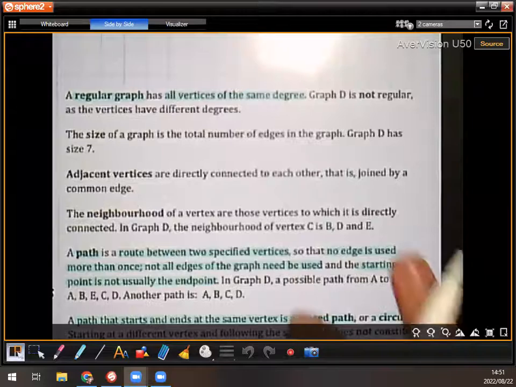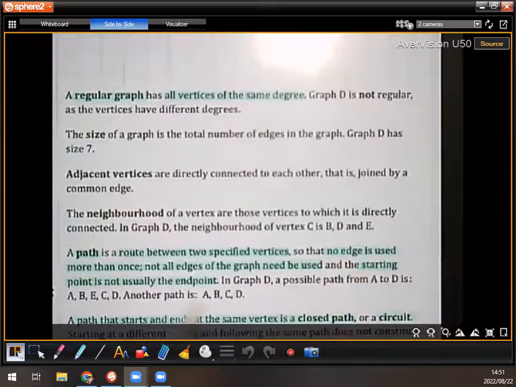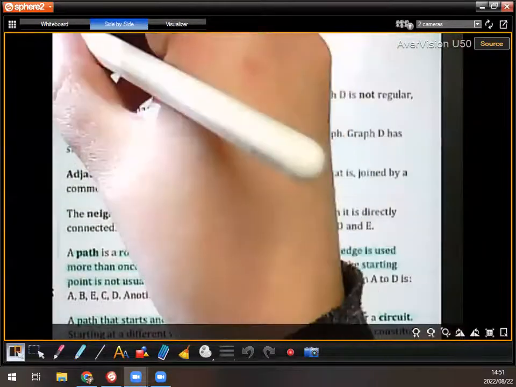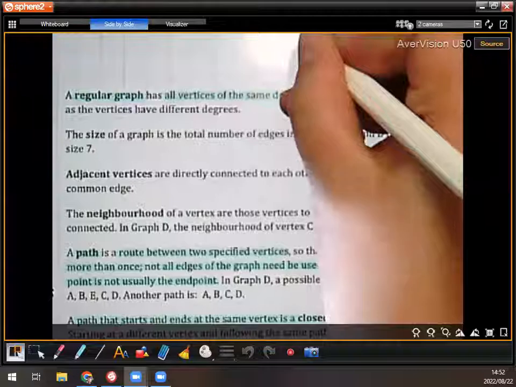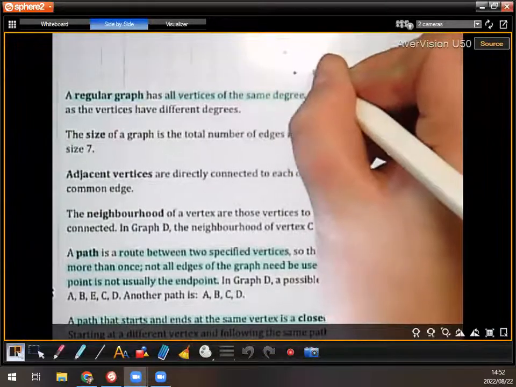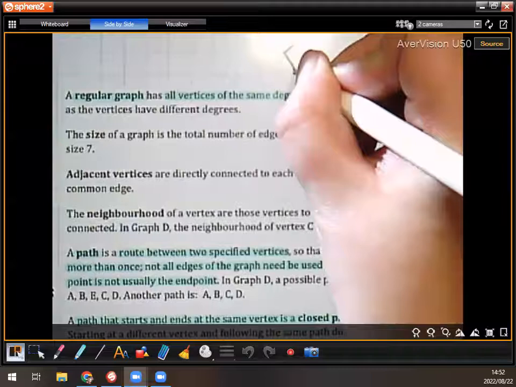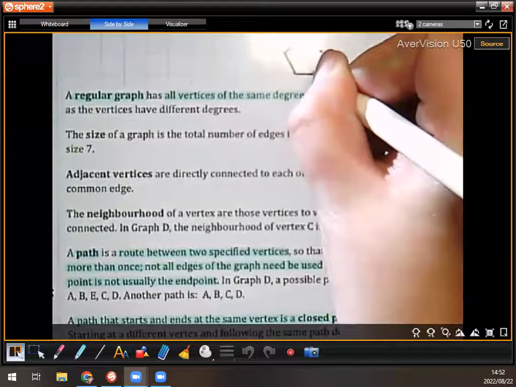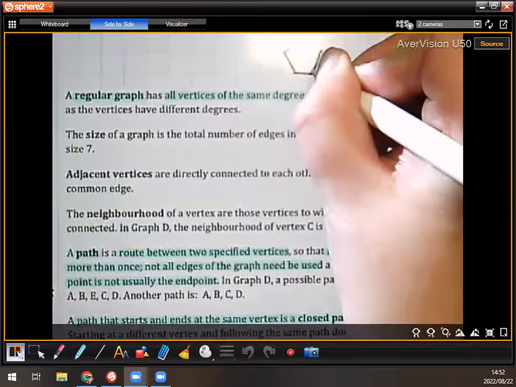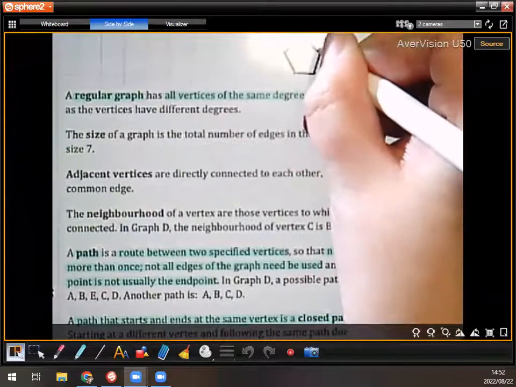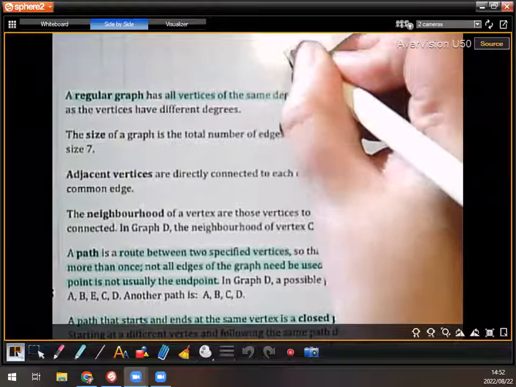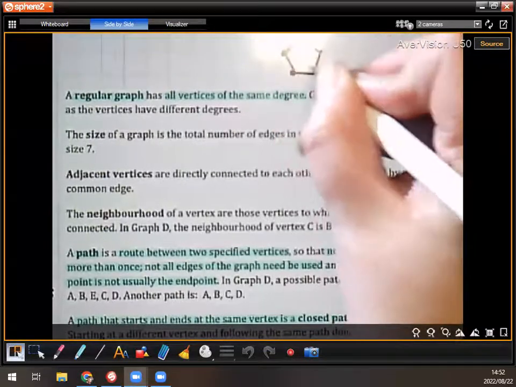So guys, let's quickly draw an example of a regular graph. If we have the same shapes that we had for that previous one, if we do a 1, 2, 3, 4, 5 situation. Mine even looks a bit wonky.